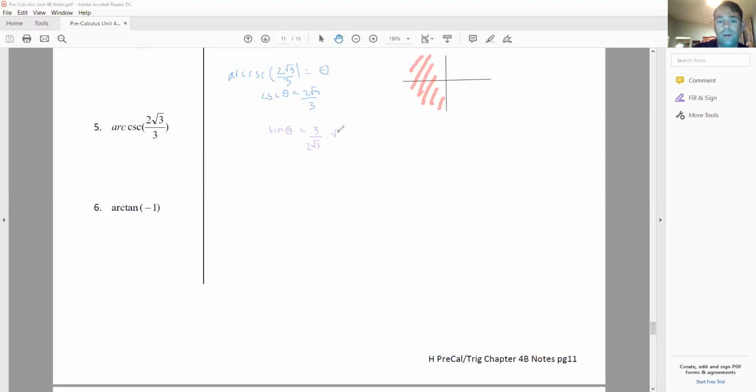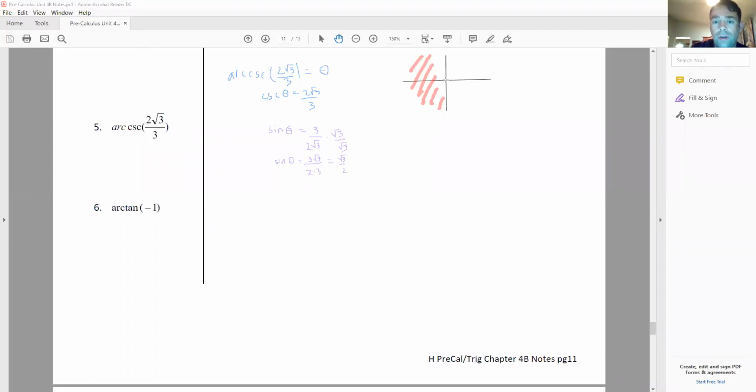So I'm going to have to try to see if I can figure out what y value this is. So sine theta, that would have been 3√3/2 times 3. So the 3's cancel out. That means I'm looking for a sine value that is √3/2. So sine of √3/2 is at the same location where cosecant is 2√3/3.